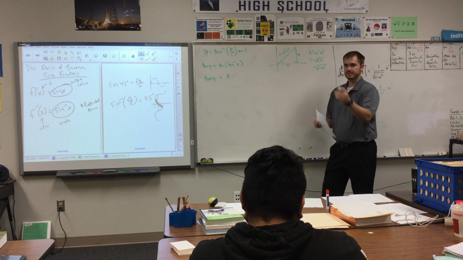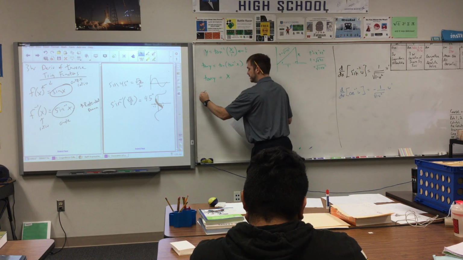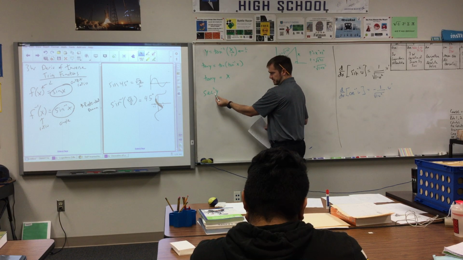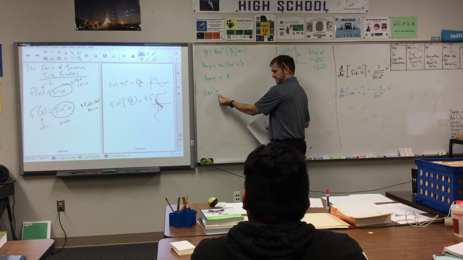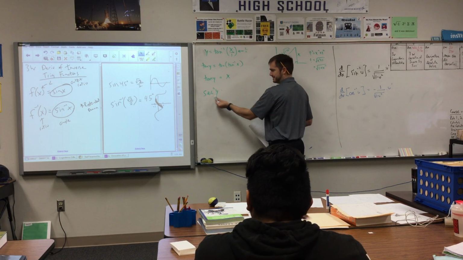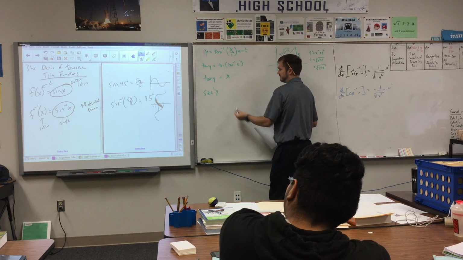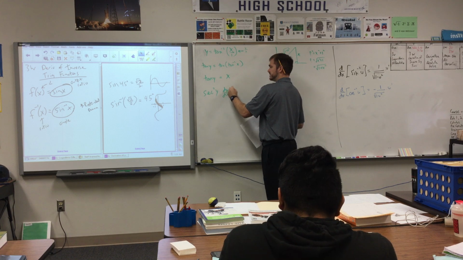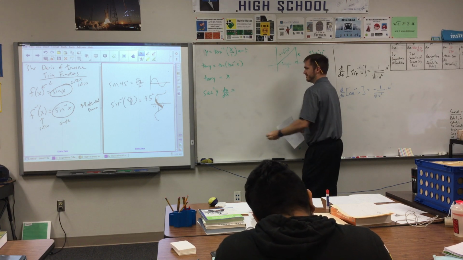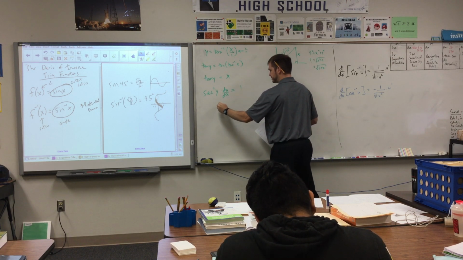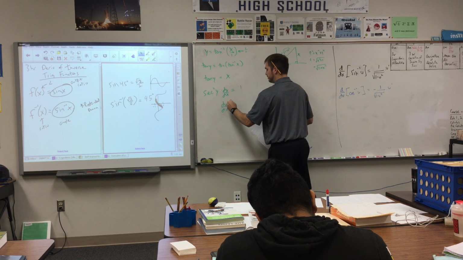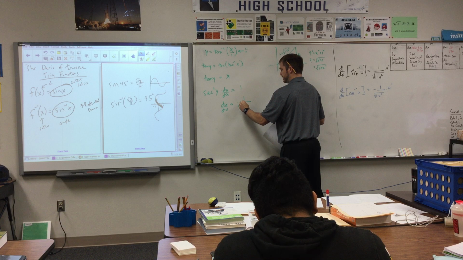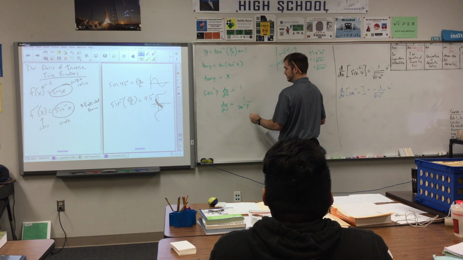So we get secant squared y times dy over dx equals the derivative of x, 1. So dy over dx equals 1 over secant squared y.